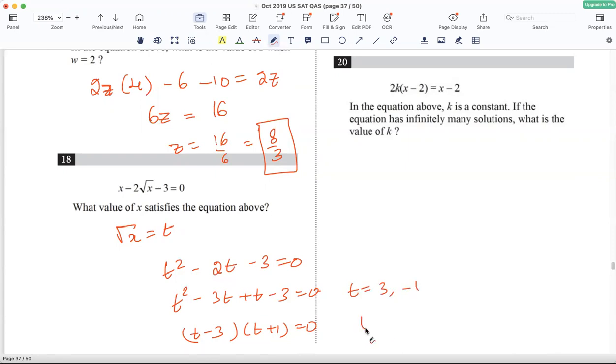But t was root x, so root x is 3 and negative 1. So x would be 9 or 1, right? But I don't think 1 would work, because if 1 was true, then root x would be plus 1, not negative 1. So I would just take x as 9. So this is 9.